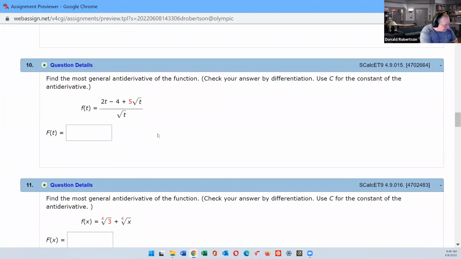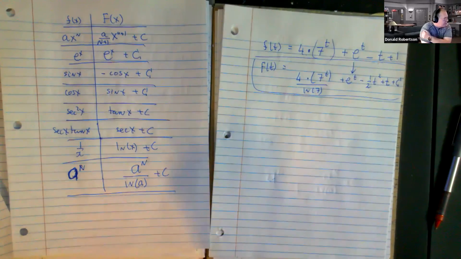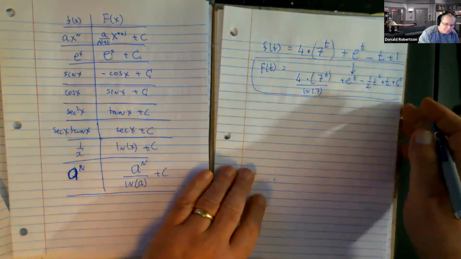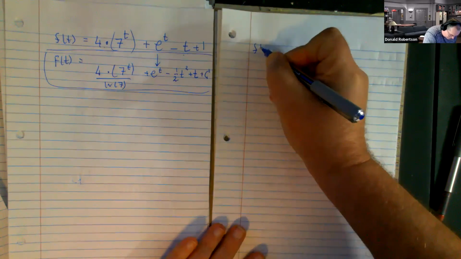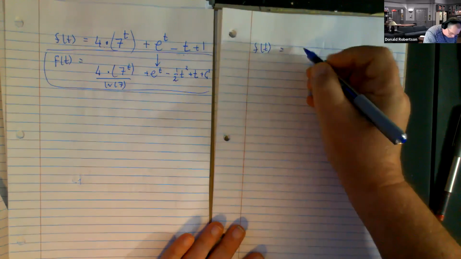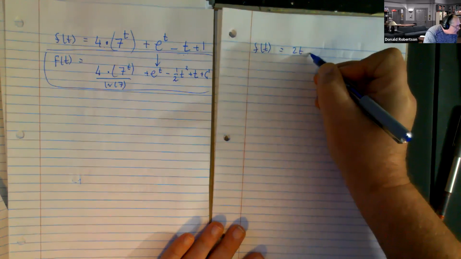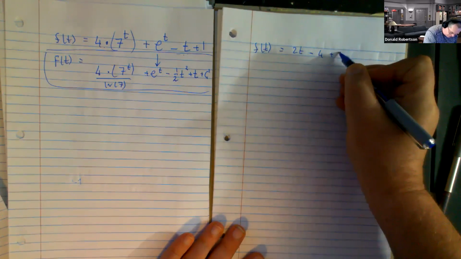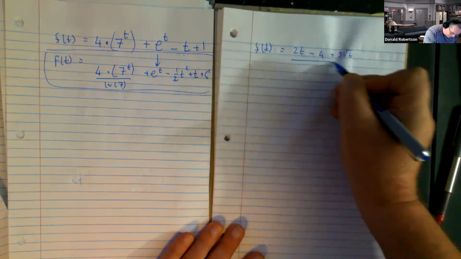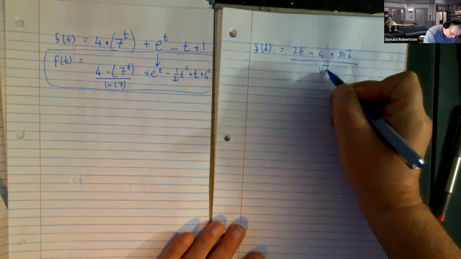And for the last question for today, let's look at question 10. And it bears a lot of resemblance to things when we had to differentiate. So if you think back to when we were beginning with differentiation, that we had to differentiate a function that looked something like this.